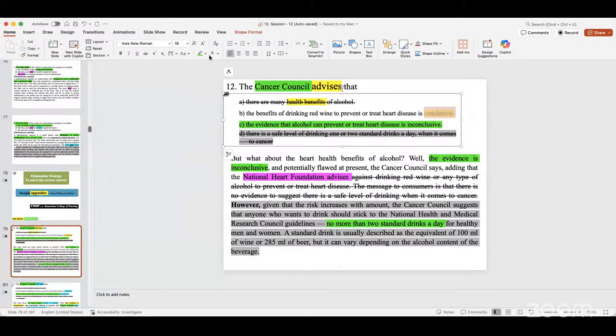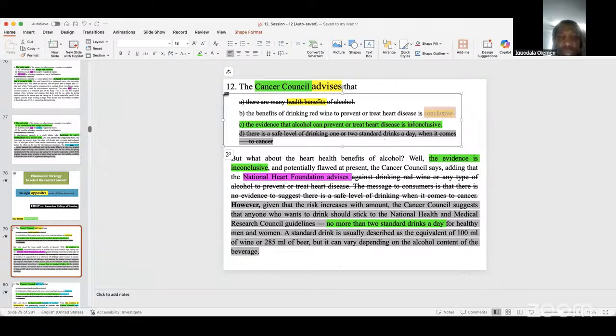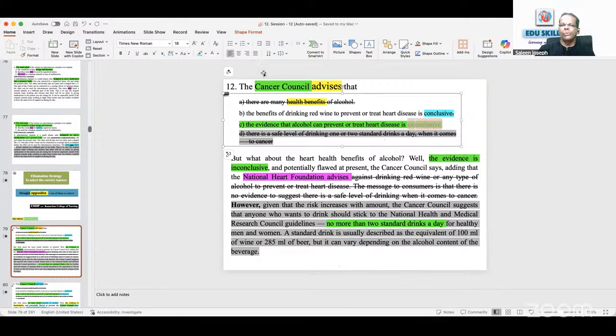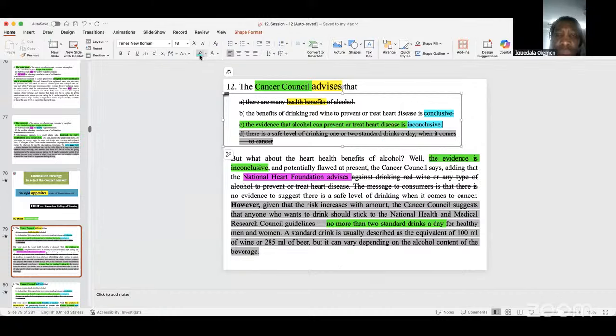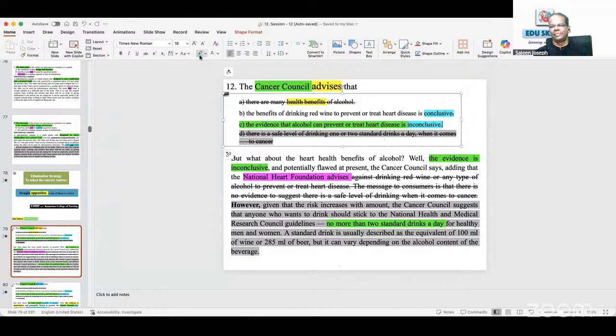The elimination principle says if there are two options which are opposite to each other, the other two will be eliminated. One of them will be the right answer. That's the principle. That's why we have eliminated.